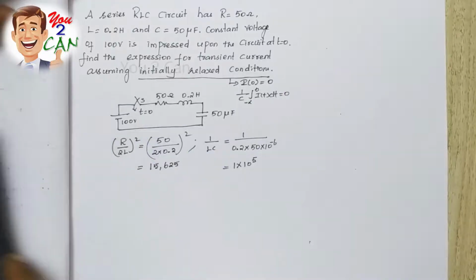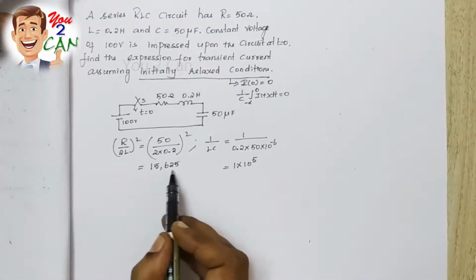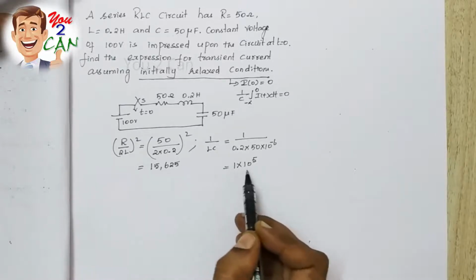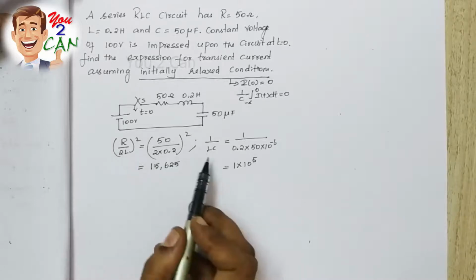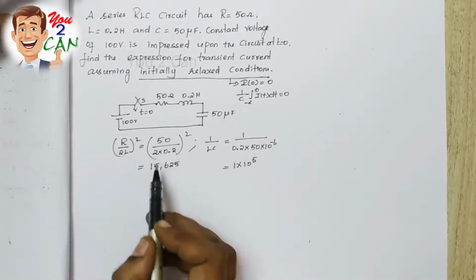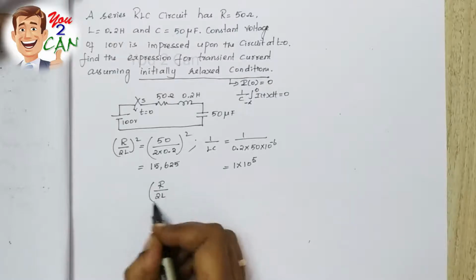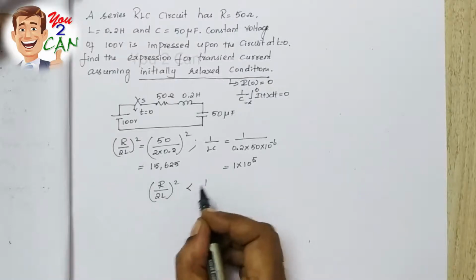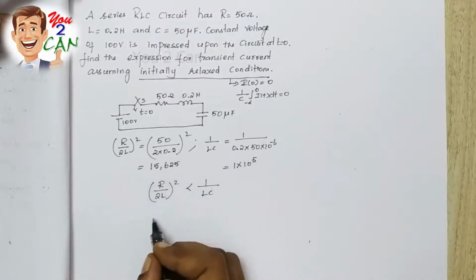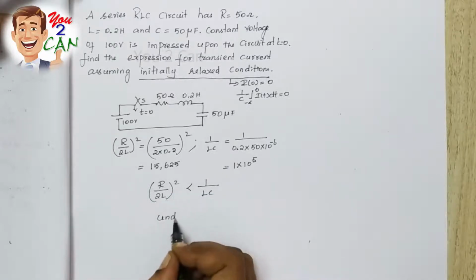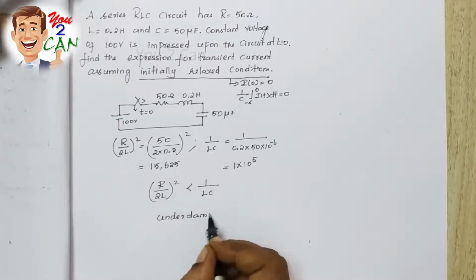So here (R by 2L) the whole squared is 15,625, and 1 by LC is 1 into 10 power 5. Compare the two values. Which is greater? (R by 2L) the whole squared is lesser than 1 by LC. What is this condition? This condition is called the underdamped condition.